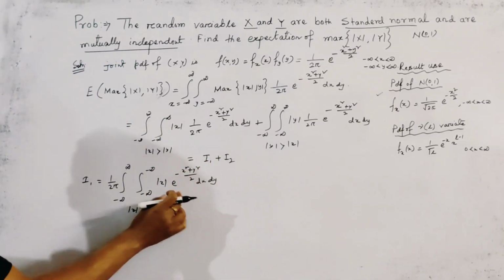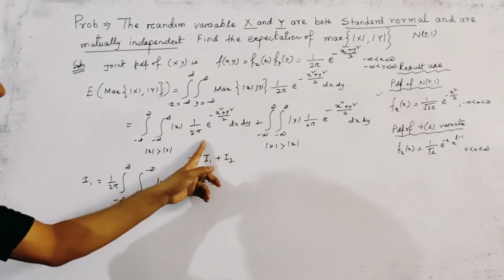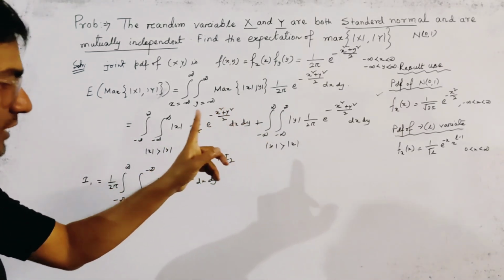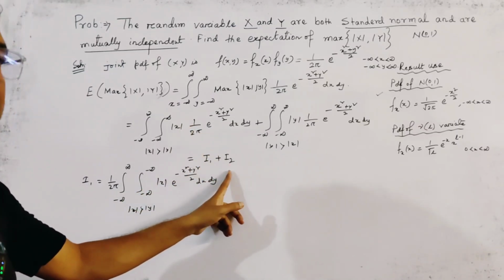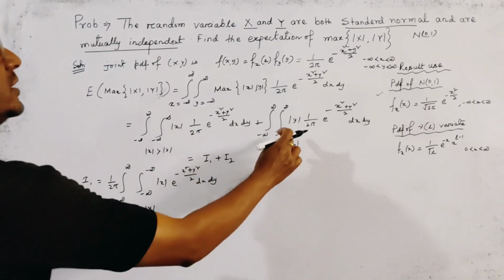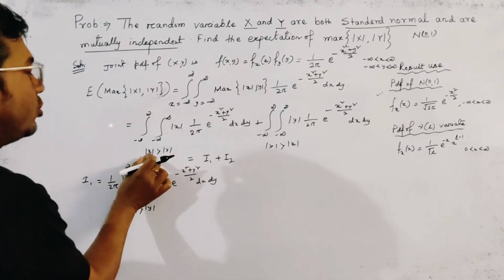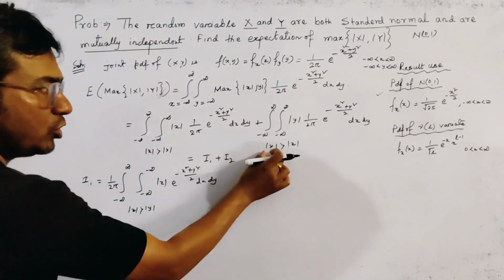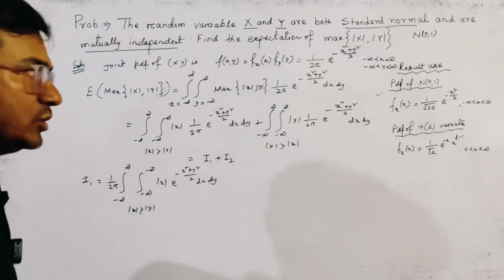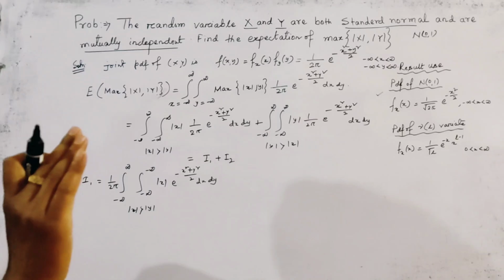If we can find the value of the first integral, then due to symmetry the value of the second integration I2 is the same as I1. Here |y| is present, here |x| is present; here the range is |x| greater than |y|, here the range is |y| greater than |x|. So due to symmetry, I1 and I2 are both the same.